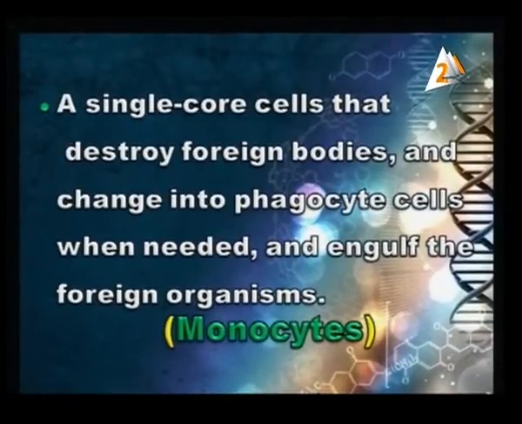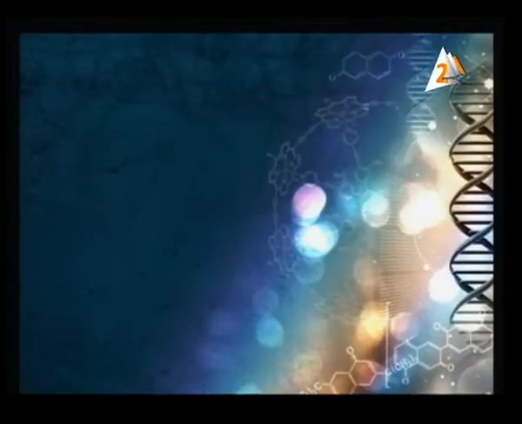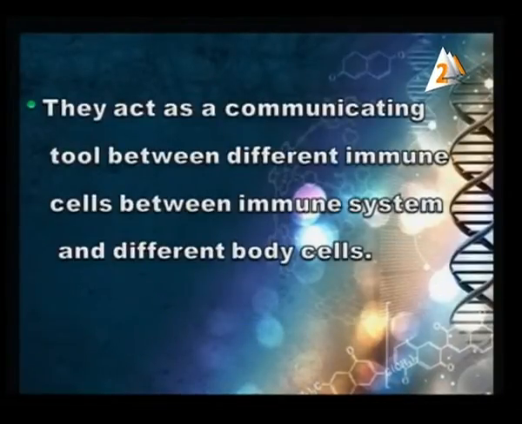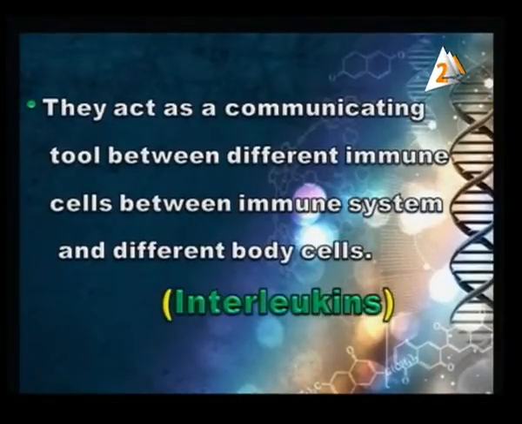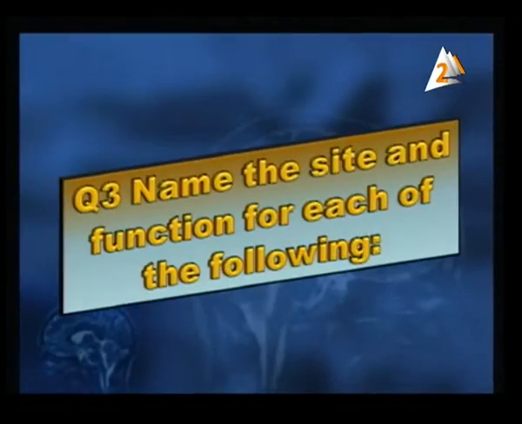Monocytes. Very good. They act as a communicating tool between different immune cells, and between the immune system and different body cells. Interleukins. Very good.